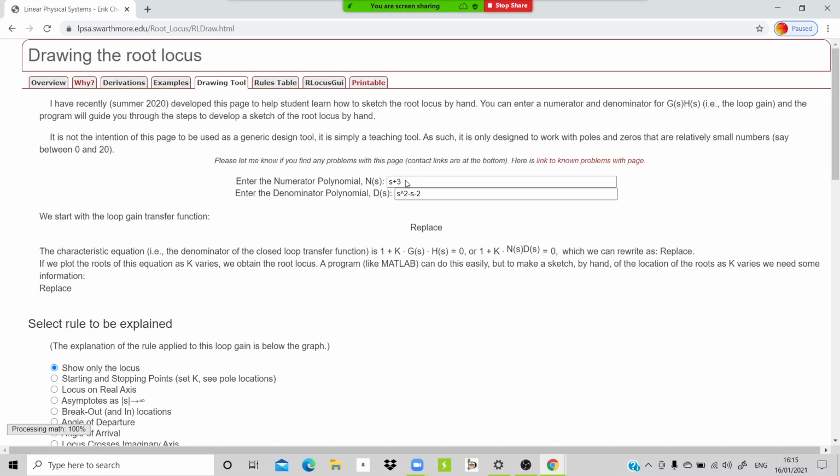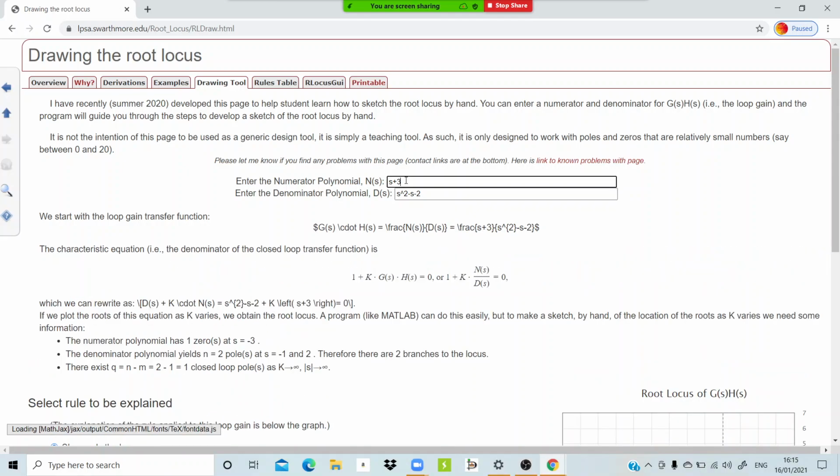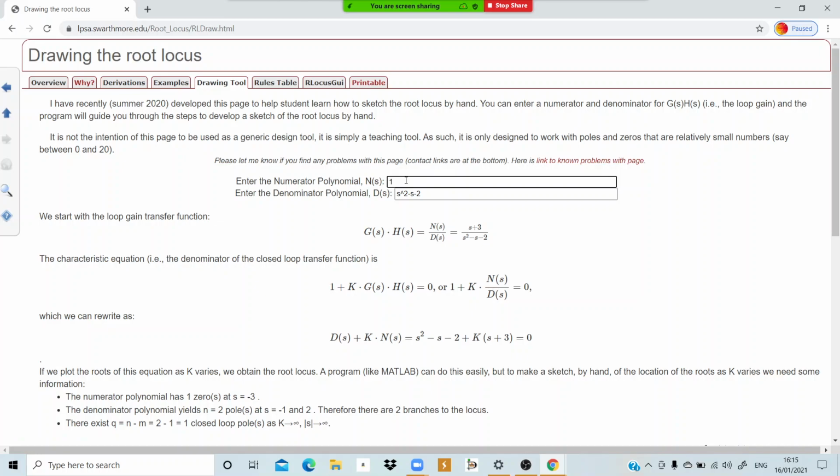So in the numerator, the numerator polynomial is nothing, so it is 1, correct? And in the denominator we are having s, bracket, s square plus 4s plus 13, bracket complete, and enter.